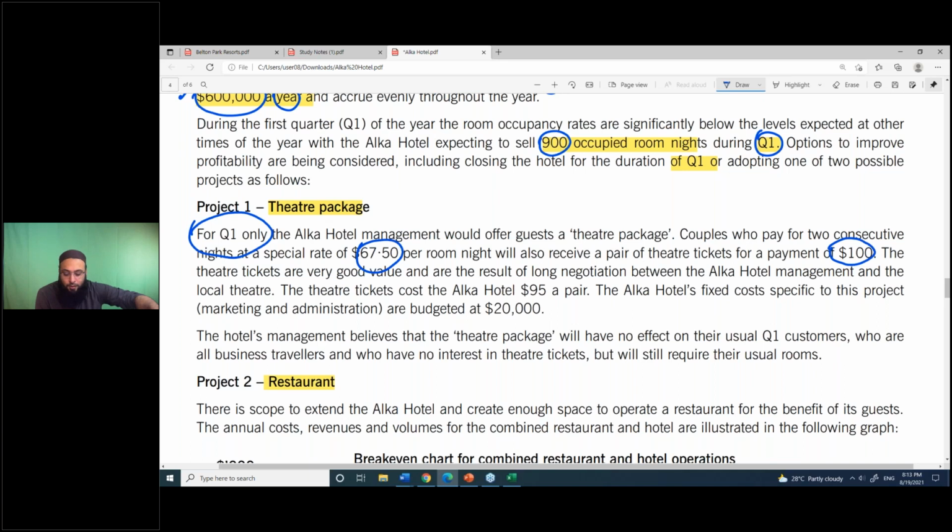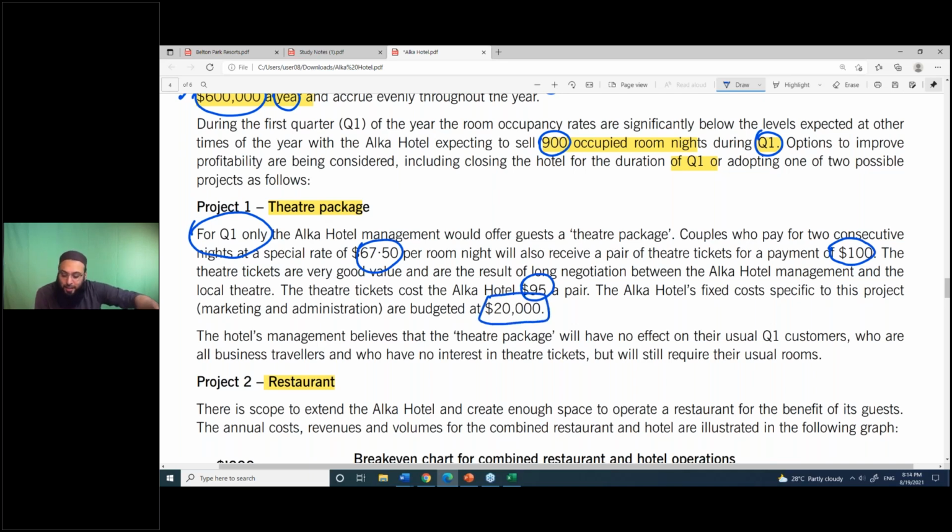The theater ticket costs Elka 95. The Elka Hotel's fixed cost specific to this project are budgeted to be $20,000.